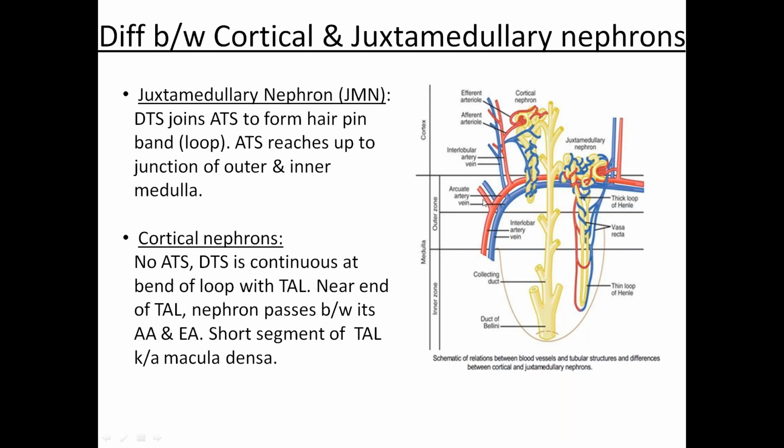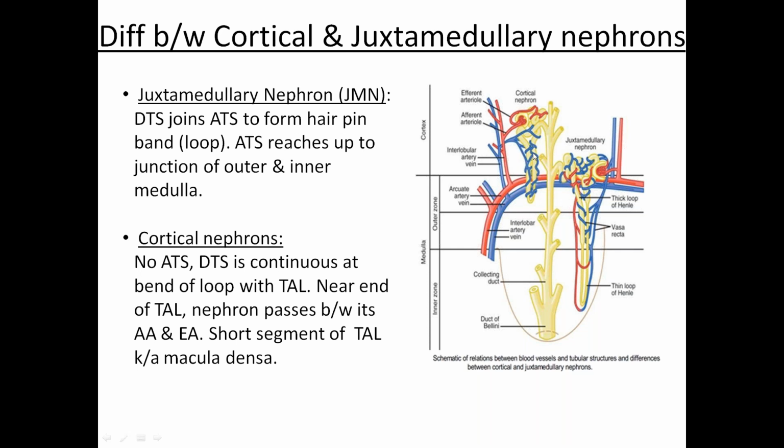And then in the case of cortical nephrons, the descending thin limb is continuous at the bend of the loop with a thick ascending limb, which I showed you earlier. So here both the descending and ascending limbs were thin, but here the descending limb is thin and the ascending limb is thicker, known as the thick ascending limb, TAL.